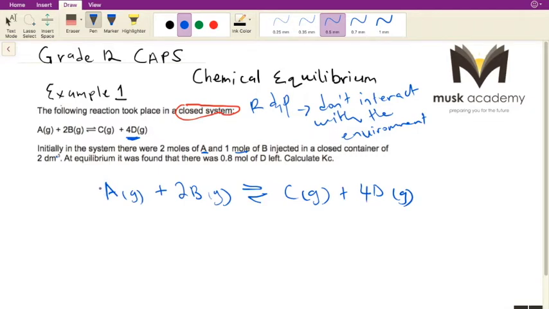So you've got a ratio. The stoichiometric ratio is 1 of A and 2 of B, and then 1 of C and 4 moles of D. When you draw the table, you make sure that each and every reactant and each and every product has its own column.